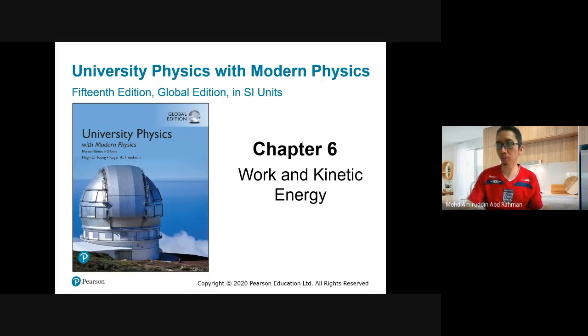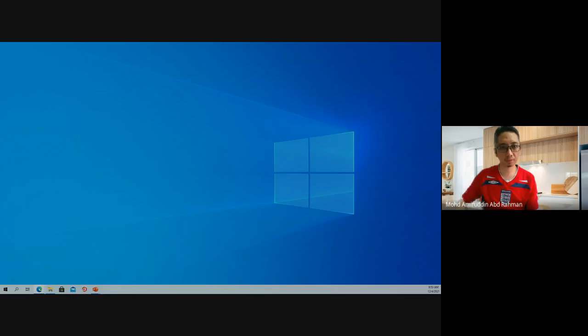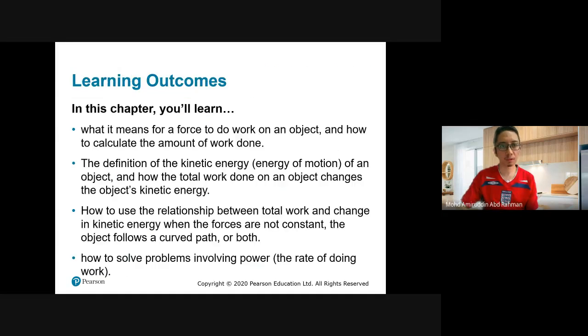Chapter 6 discusses work and kinetic energy. So what will you learn? It's about the force doing work on an object and how to calculate the amount of work done.